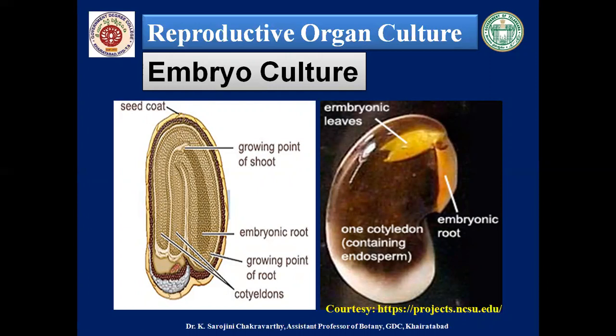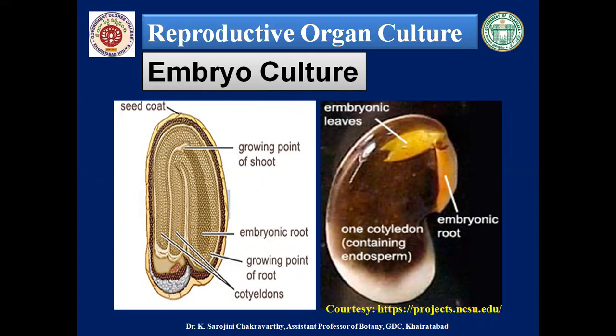During seed germination, a plant is produced through progressive and orderly changes of the embryo. So like any other plant organ, even an embryo can be used as an explant, and it can be cultured aseptically in vitro on a nutrient medium.